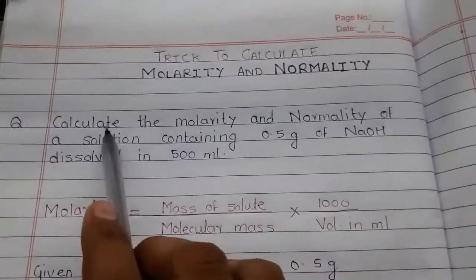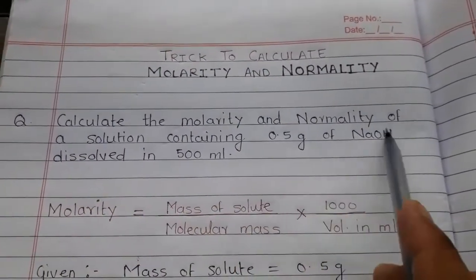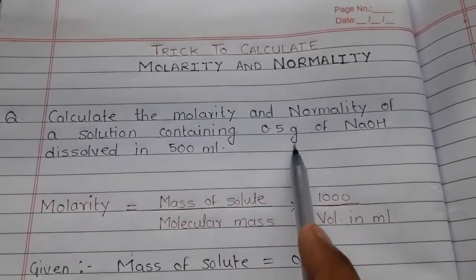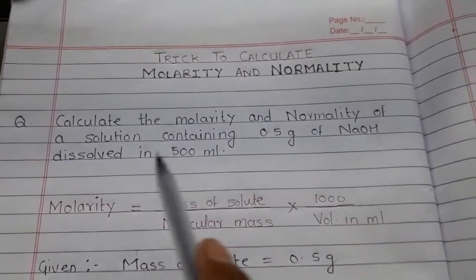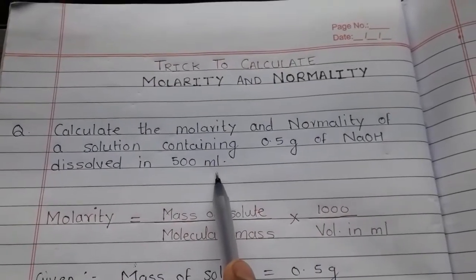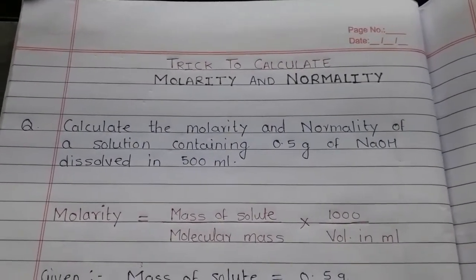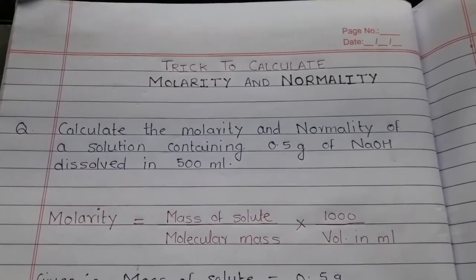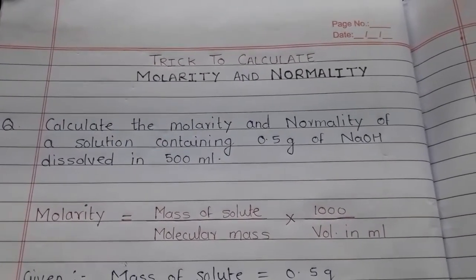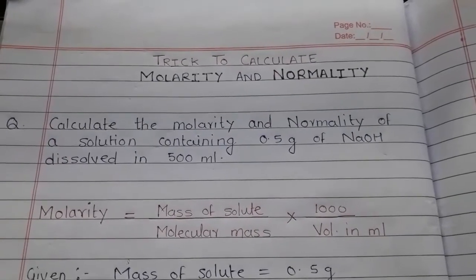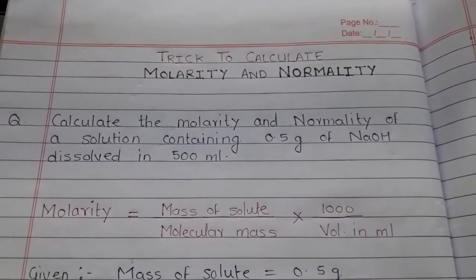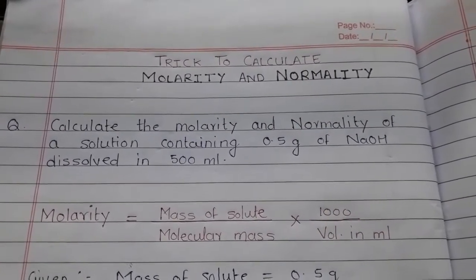The numerical is: calculate the molarity and normality of a solution containing 0.5 gram of NaOH dissolved in 500 ml of solution. So basically, we have a total of 500 ml solution in which 0.5 gram of NaOH is dissolved.